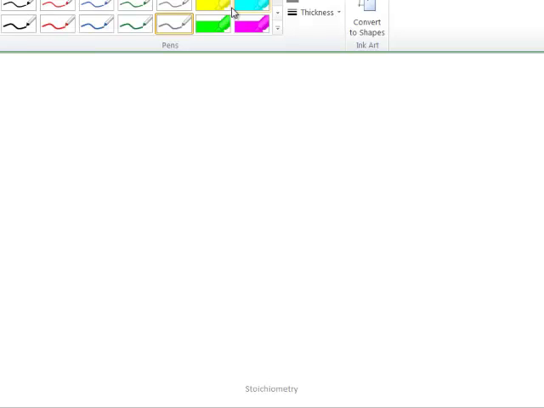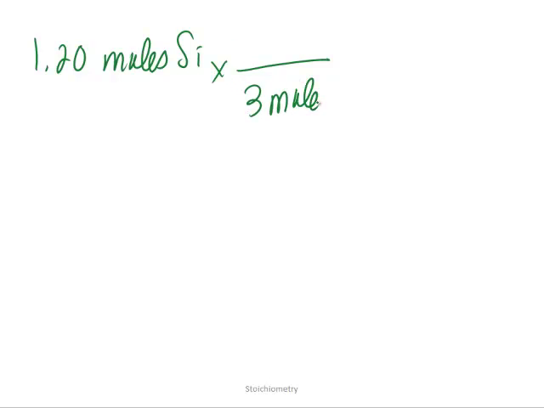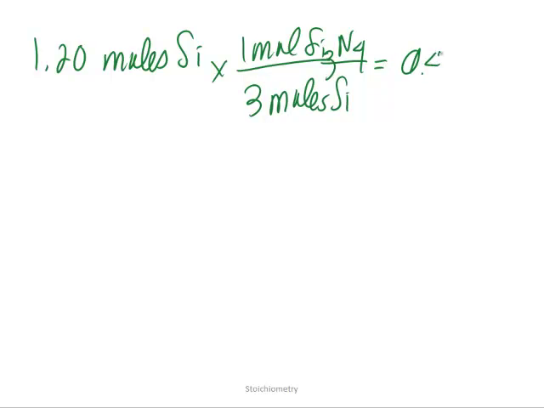So we just take the number of each of the reactants, our 1.20 moles of silicon, and figure out how much product we can make. Well, we know that if we have 3 moles of silicon, we can make 1 mole of product. And so that will give us 0.40 moles of product, trisilicon tetranitride.